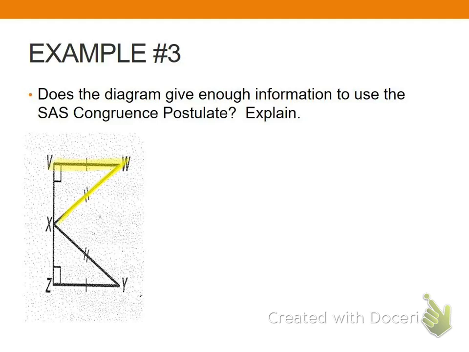No. What about the included angle down below in the other triangle? Y. Angle Y. Did they tell us anything about angle Y? No. So can we use side angle side? No. They didn't give us the included angles congruent to each other. It doesn't really matter that we have those right angles down there.